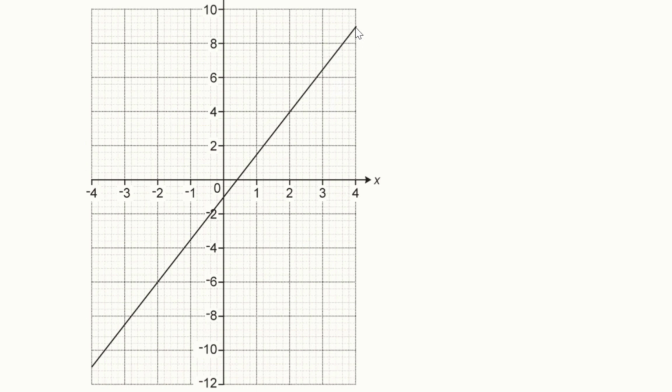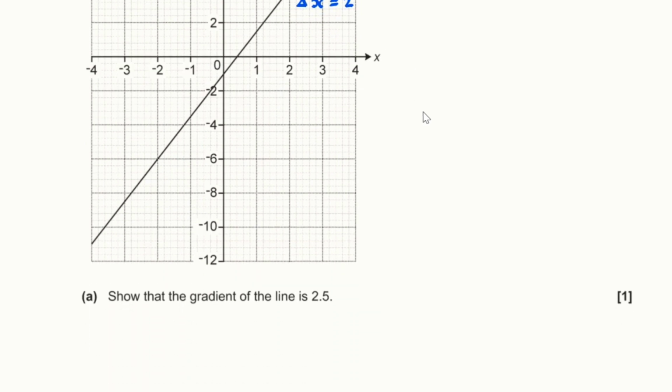For example, this one and this one. The change in y, we are going from 4 to 9, so that change in y is equal to 5. The change in x, we are going from 2 to 4. The change in x is equal to 2.